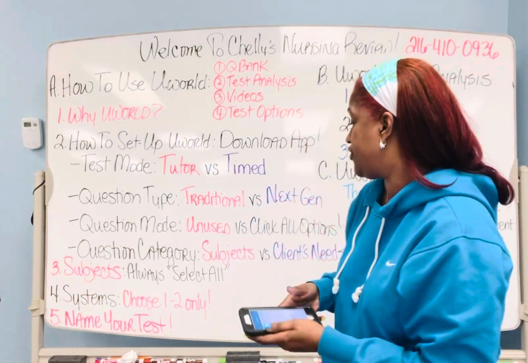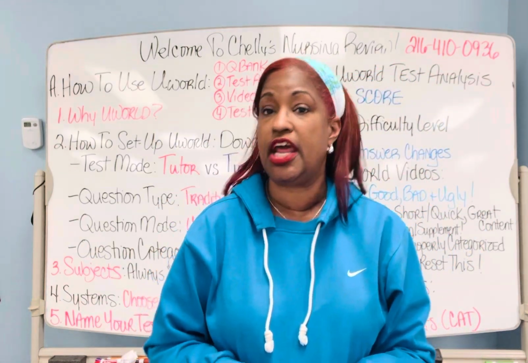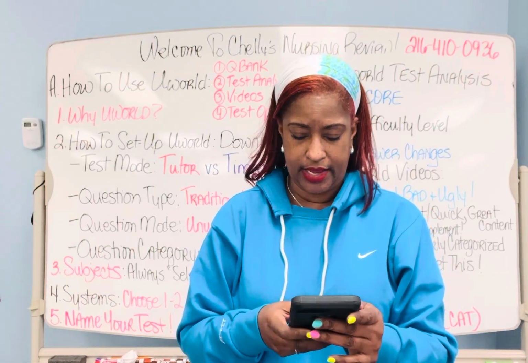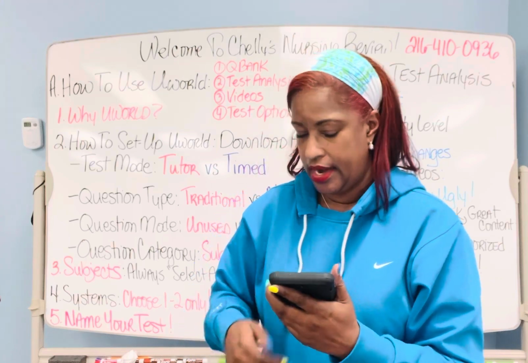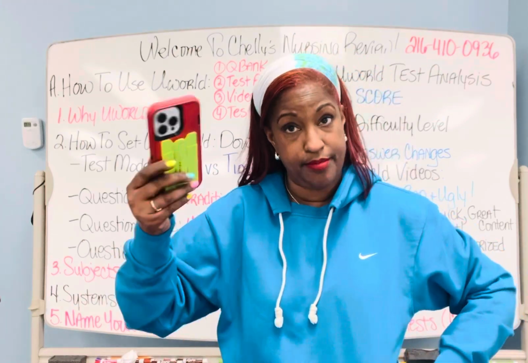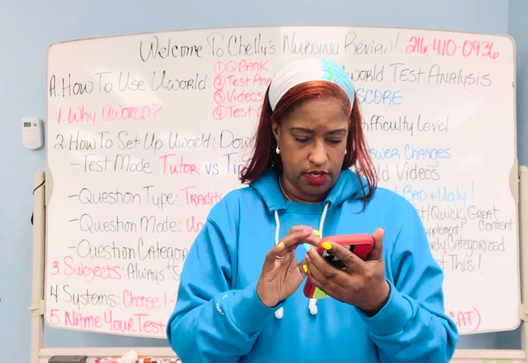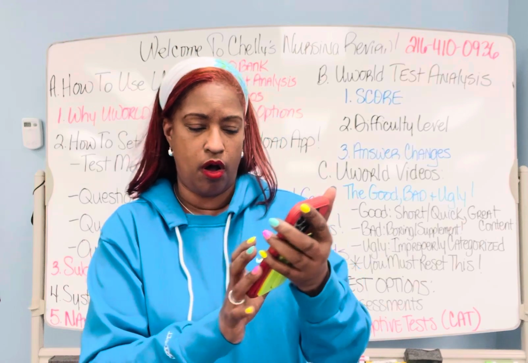Okay. All right. So that was how you set up the test, but we're not done yet. So earlier today, I was looking in my little deal here, and I want to show you how to name a test. So we're going to go back to UWorld. And you've got to go all the way back.